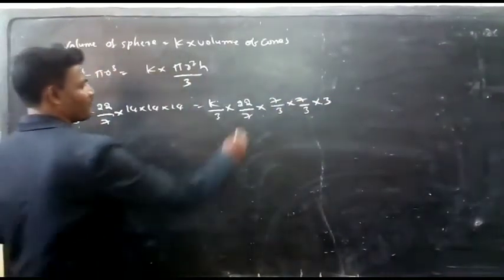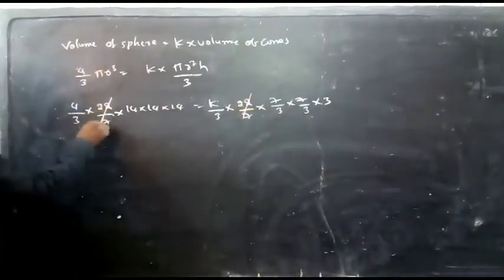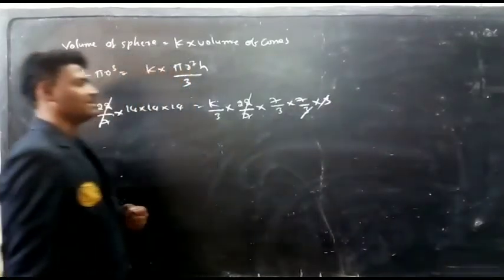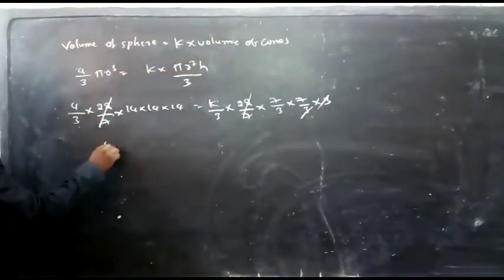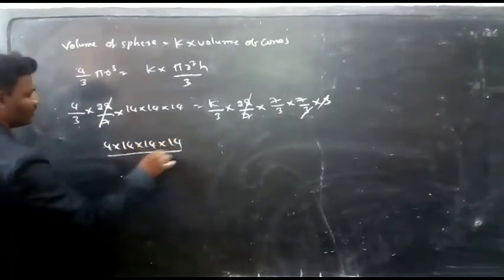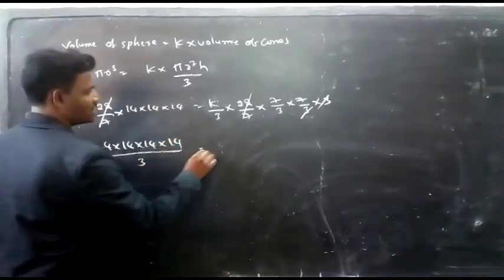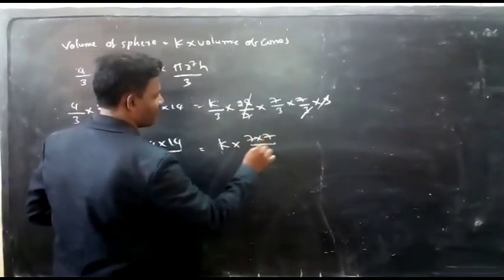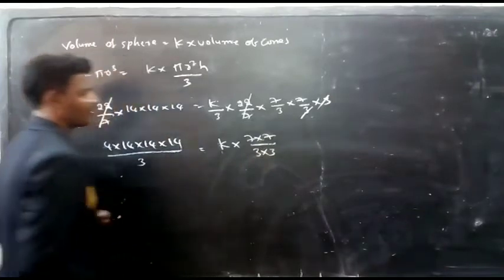First of all, 22/7 cancels, and 3 and 3 get cancelled.